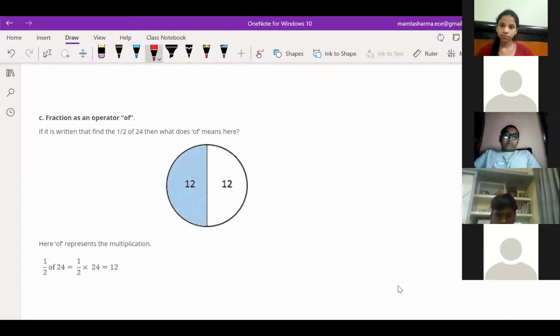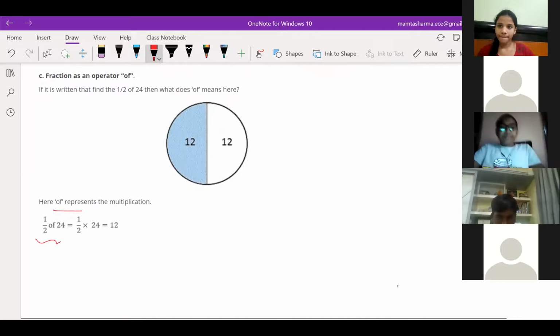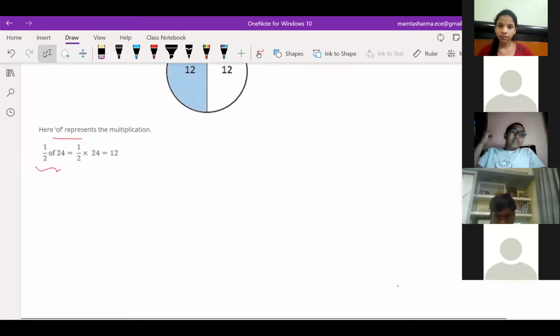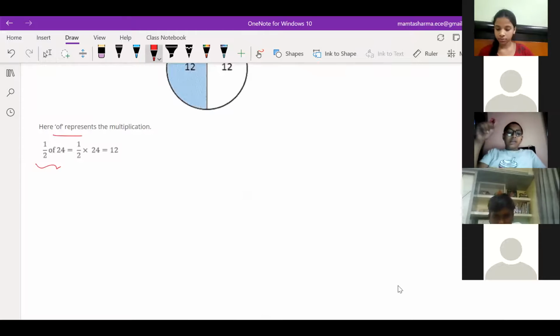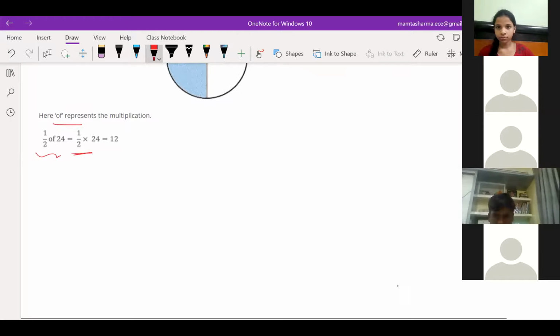Now see, what is the meaning of 'of'? If I say 1 by 2 of 24, it will be multiplication. So 1 by 2 of 24 would be 12.